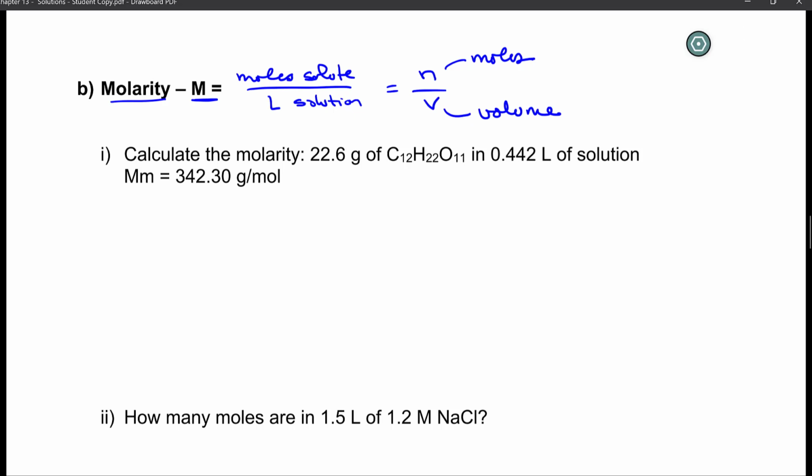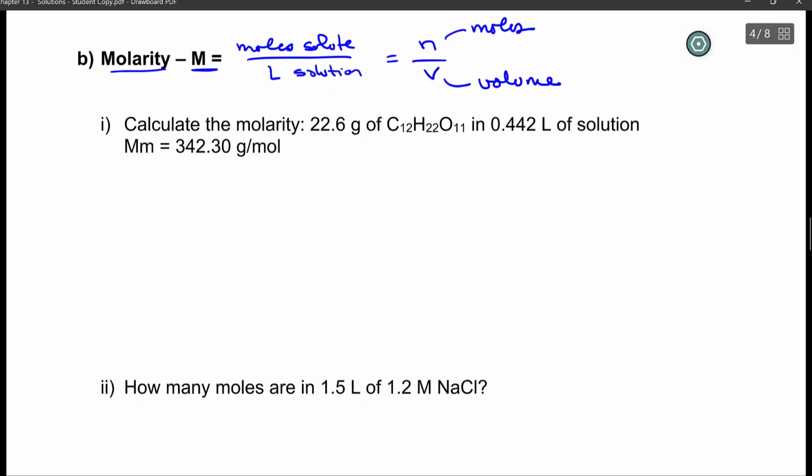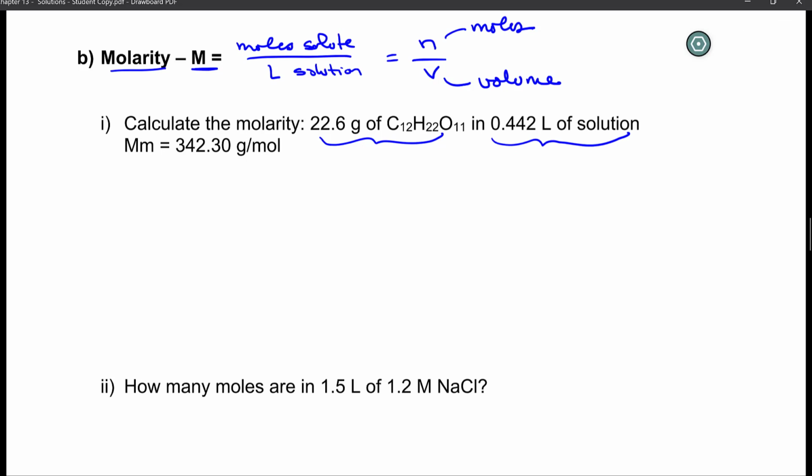Okay, so let's do a quick example calculation. Now, normally you're given quantities of solute in grams, and then notice here we have the volume of the solution. If I want to do molarity, that's moles per liter. Those are my units.